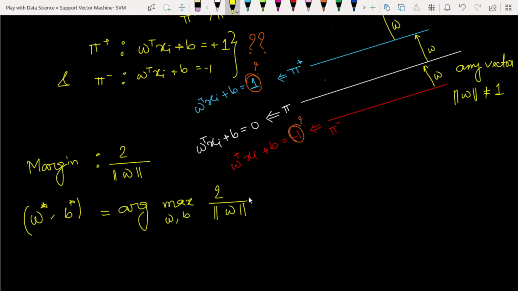Also we have some constraints. This is our objective function, and we have some constraints as well. If we have n data points, then we get n constraints. So this is simply our main formulation.